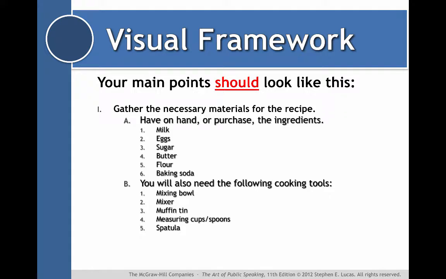Because it's formatted and indented correctly, it's easy to distinguish the main point from the more detailed sub and sub-sub points. The structure of the main point is easy to see, and this is what you're going for. Like I said before, there are examples of outlines in the modules so you can see what they should look like. The book also has examples and a more detailed explanation of creating outlines that you should definitely read.